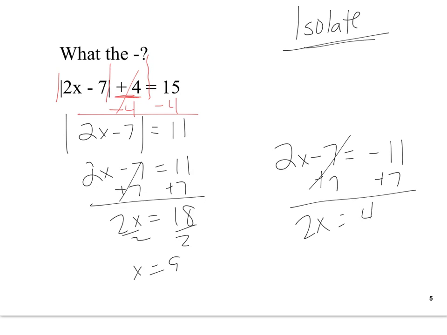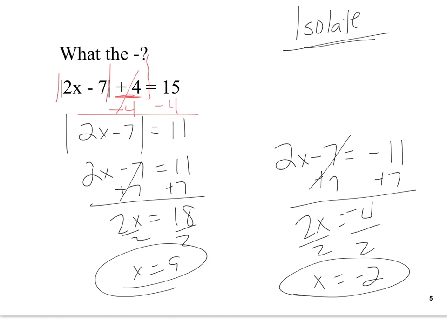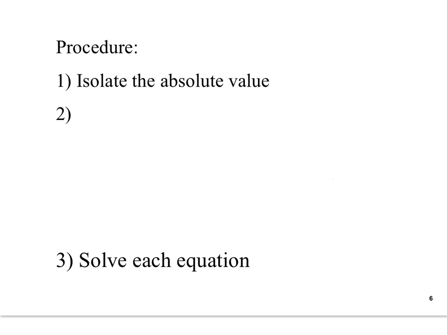And the other is negative 4, and so X could be negative 2. So two possibilities, X could be 9 or negative 2. So isolate the absolute value is the most important thing. That's what you have to do first. And then you create two equations. On the last problem, we subtracted 4 first.